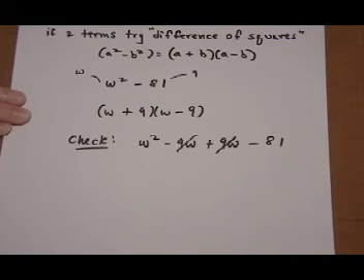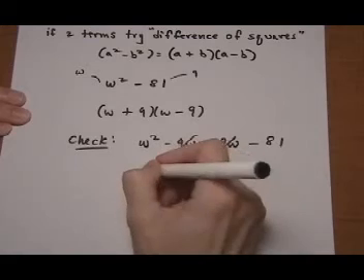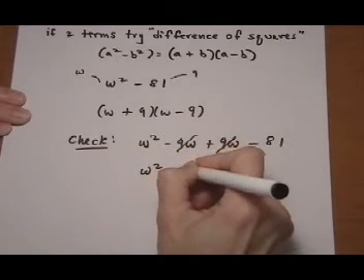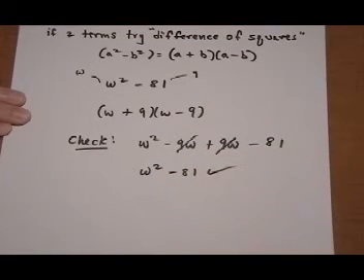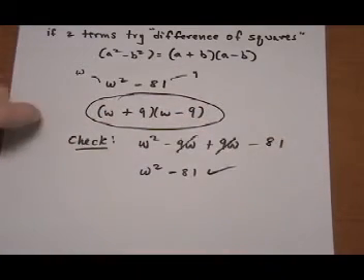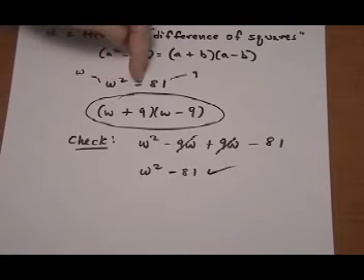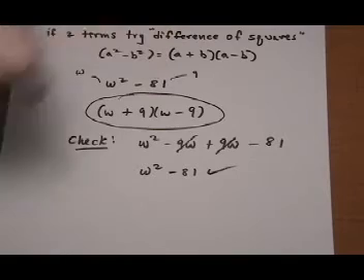And that's why you want to have opposite signs there. If you use the same signs, you're going to get a middle term. So they cancel out, and yep, it checks out and gives us what we started with in the beginning. So that means this factoring is correct. And this will always work if you have something squared, subtract something else squared.